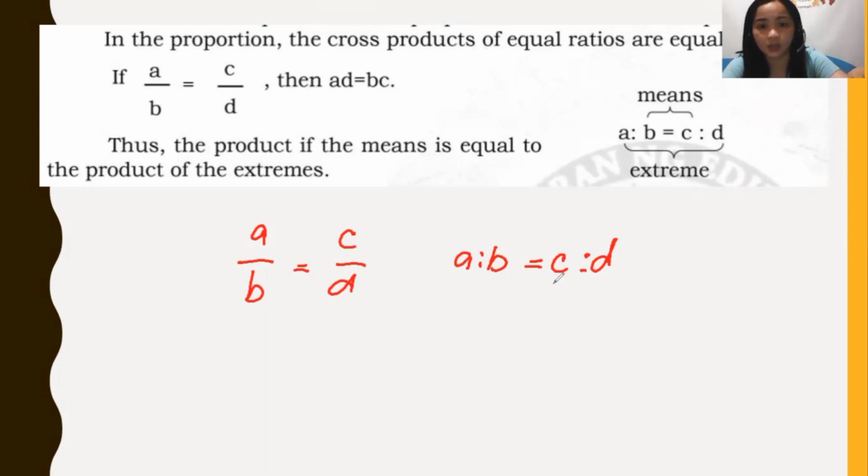Here we have the first and the last terms, which are called extremes.